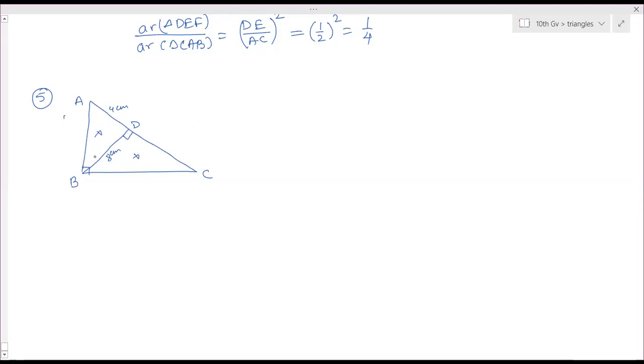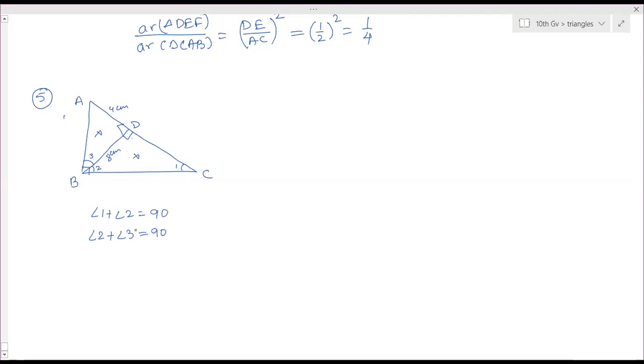For this triangle, what do we do? One, we have both 90 degrees, right? Then consider this as angle 1, angle 2, angle 3. Angle 1 plus angle 2 is 90. Angle 2 plus angle 3 is 90.